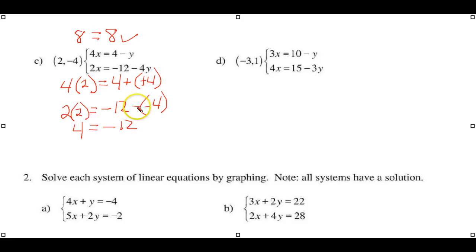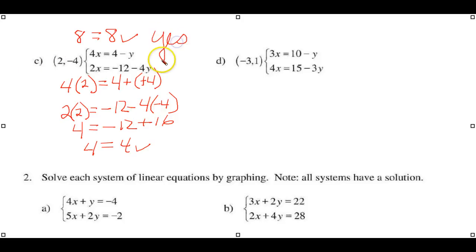Now the opposite of a negative 4 times a negative 4, well, this gives us a positive 16, and we get then 4 equals 4, and I had to copy that correctly. So for letter C, the answer is yes.